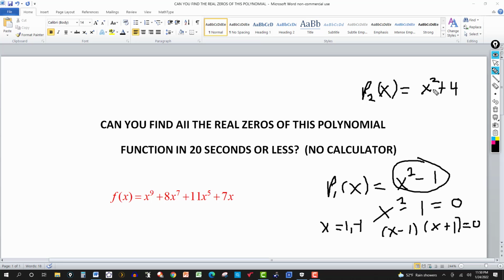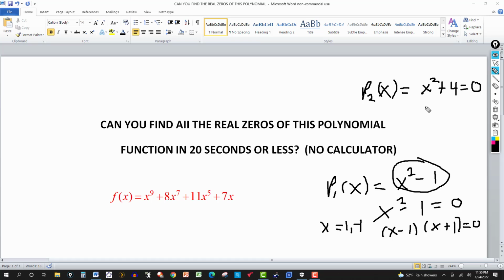I want to know when is this equal to 0. Again, if the graph doesn't cross the x-axis, it's not going to have any x-intercepts. And since the first components of the x-intercepts generate the zeros, this one is going to have no real zeros.